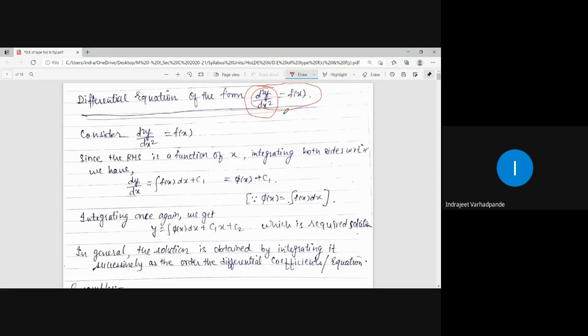In the earlier standard equation of the higher order linear differential equation, it is d2y by dx square plus some constant coefficient dy by dx plus or minus certain constant term and y. Then we try to convert it into the operator form, calculate the complementary function, and then depending on the RHS, we try to calculate the particular integral. And hence, in that case, the solution was to be written as y is equal to CF plus PI.